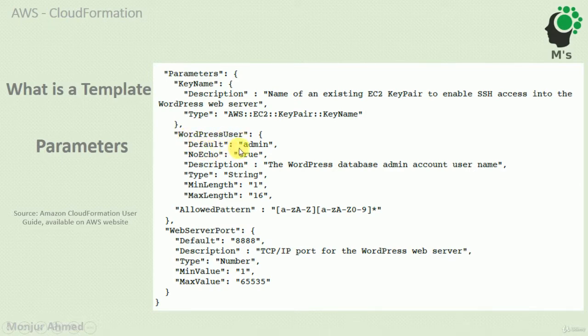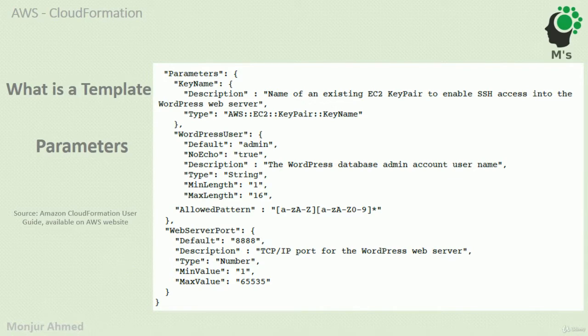You can give a default value and other specifications, such as what type of input it is, the maximum and minimum length, and what pattern you are going to allow. You can also define the web server port, which port is the default, and the minimum and maximum value of the port, and so on.